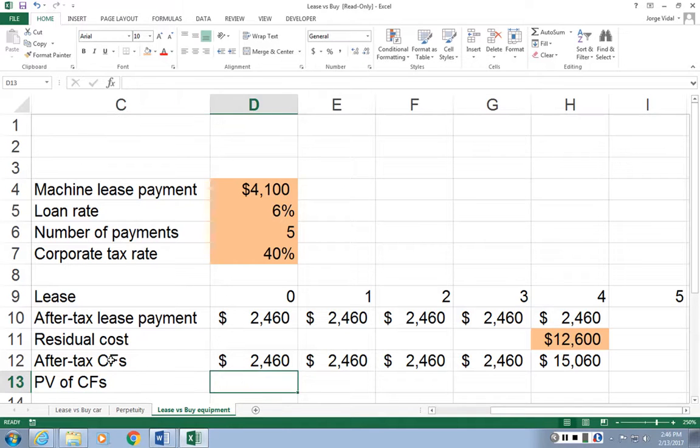So now I'm going to be asking you to find the present value of those 5 cash flows. Give it a try. Find the present value of each one, same way we did the lease versus buy for the car, same way we did for the perpetuity. Just find the present value of each one of those cash flows.